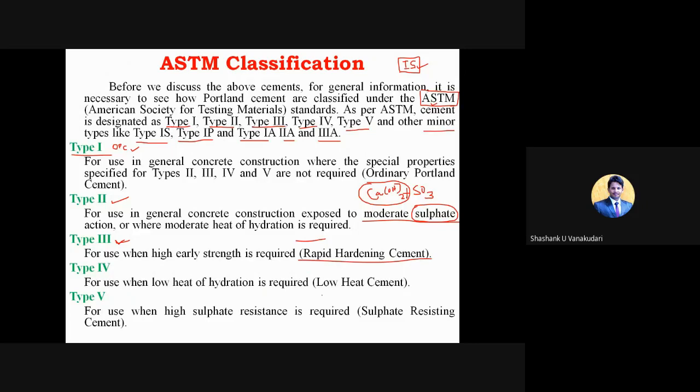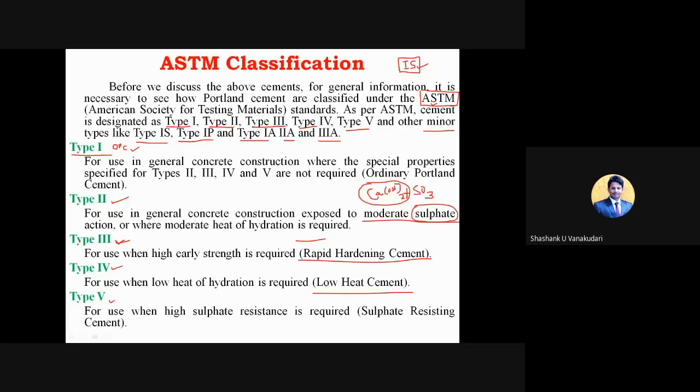That one we can call type 4 as per the ASTM, but as per the Indian standard we call it low heat cement. And similarly type 5 is for use when high sulfate resistance is required. As I said, sulfate resistant cement is considered in type 5.